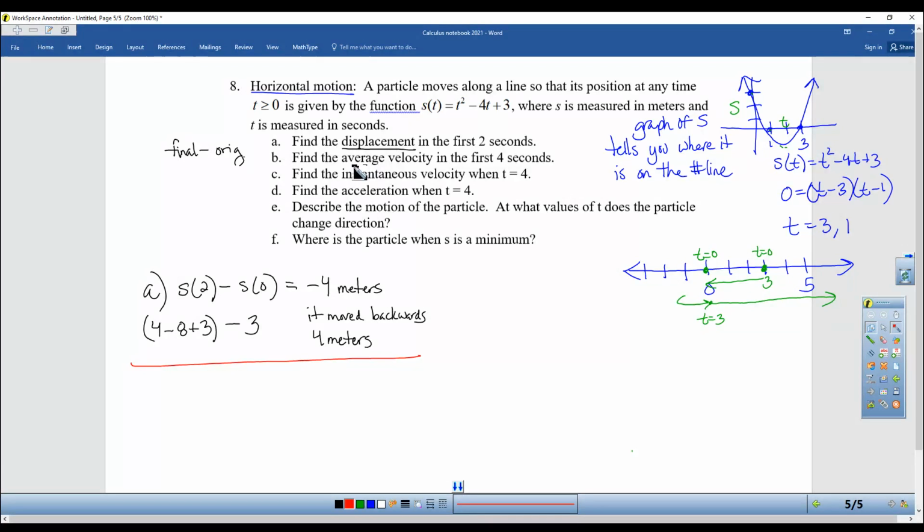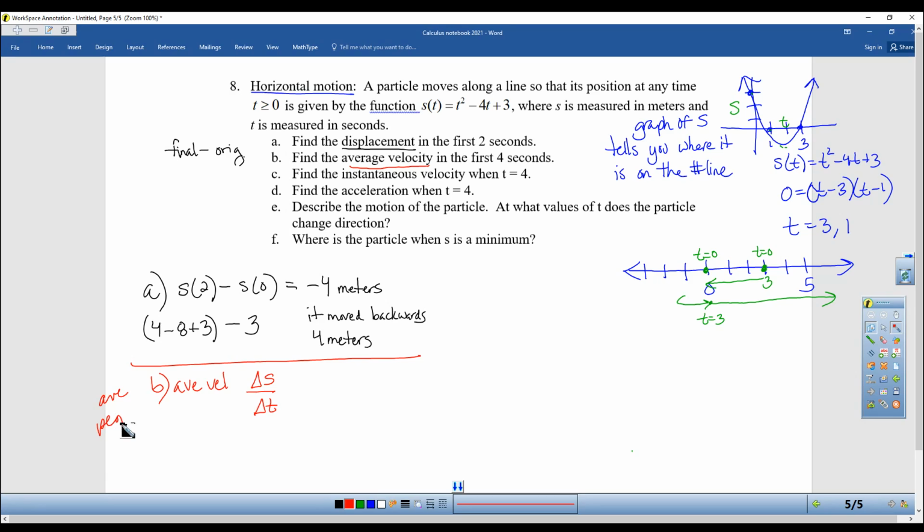Find the average velocity in the first 4 seconds. So when it says to find the average velocity, remember, average people can do it. If I were going to Cape Cod, you would just tell me what is the total distance divided by the total time. Average velocity is just the change in distance divided by the change in time.